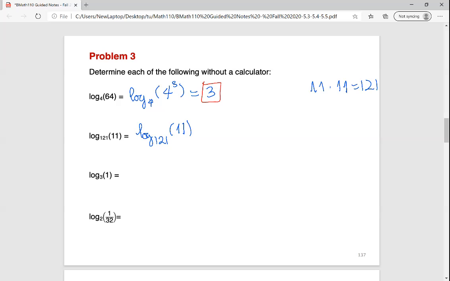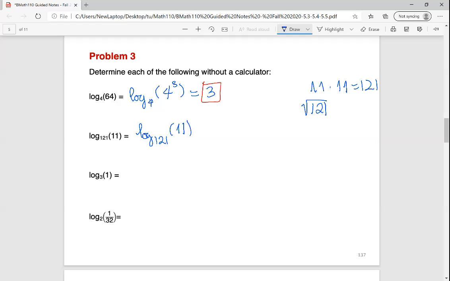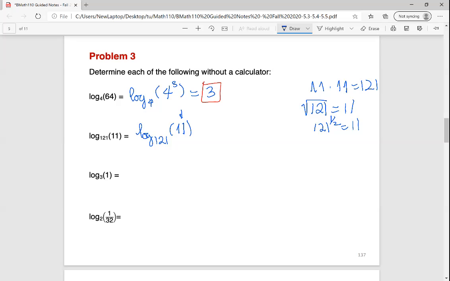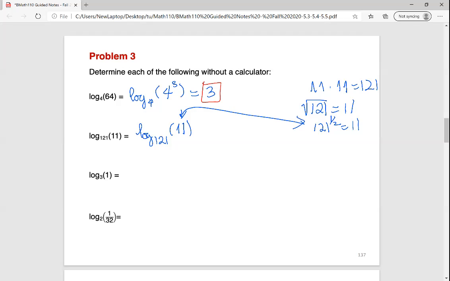Okay, if you think about the square root of 121, what is that going to be? 11, right? Or I can rewrite it as 121 to the power 1/2 is equal to 11, right? So now I want to change this number 11 to be 121 to the power 1/2.